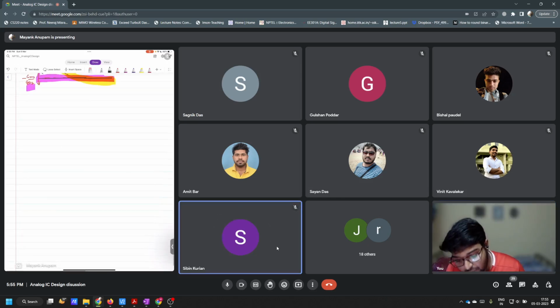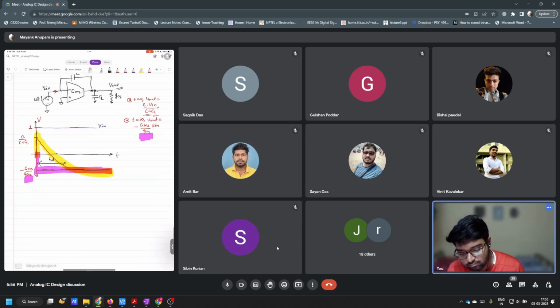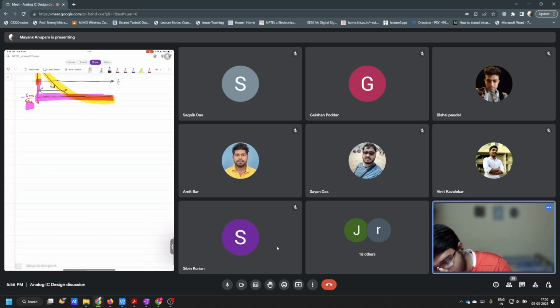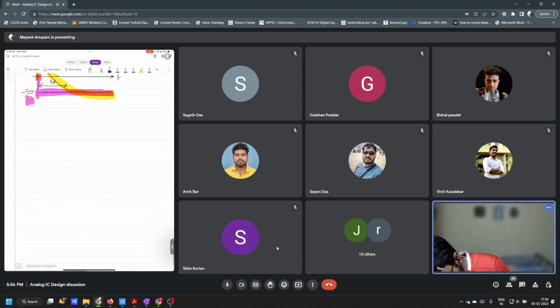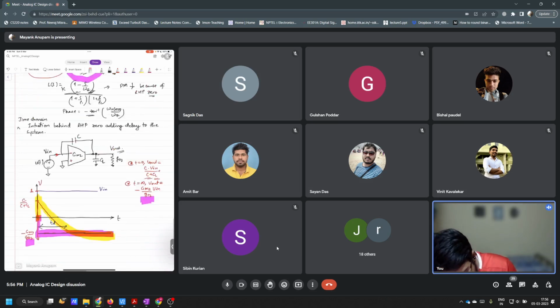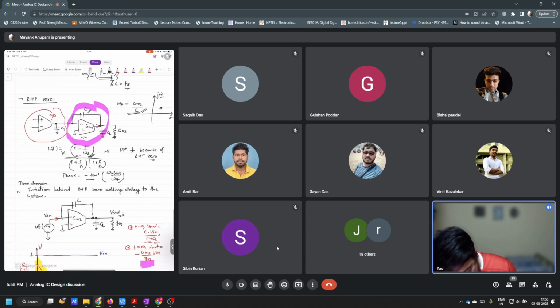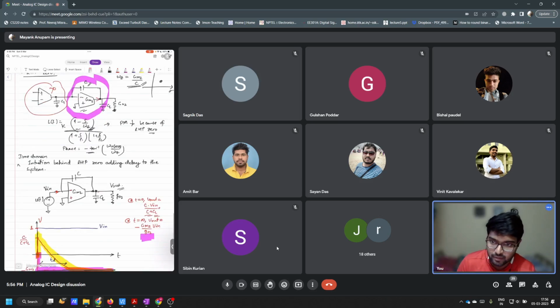Now, what happens when we have a left half plane 0? We know that a left half plane 0 will aid system stability, right? This was a right half plane 0. If it would have been plus here, then it would have simply improved the phase margin, isn't it?